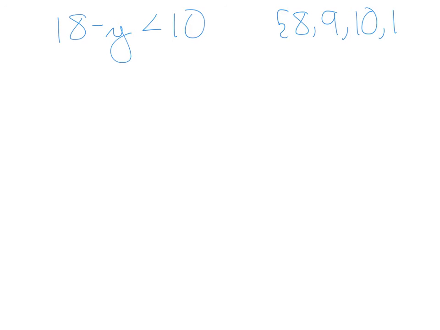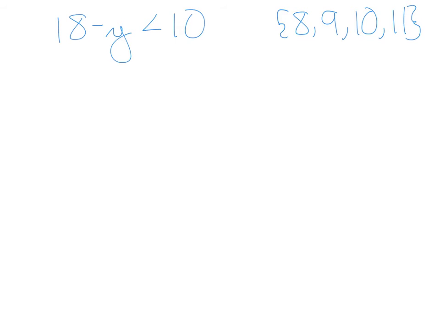Okay, so let's look at an example with an inequality so you can see that. Let's try the inequality 18 minus y is less than 10, and we're going to use a replacement set of 8, 9, 10, and 11. Don't worry if the brackets don't come out perfectly when you write them.